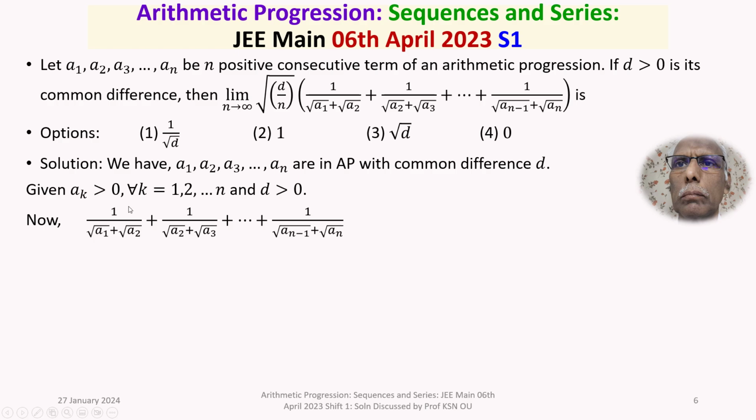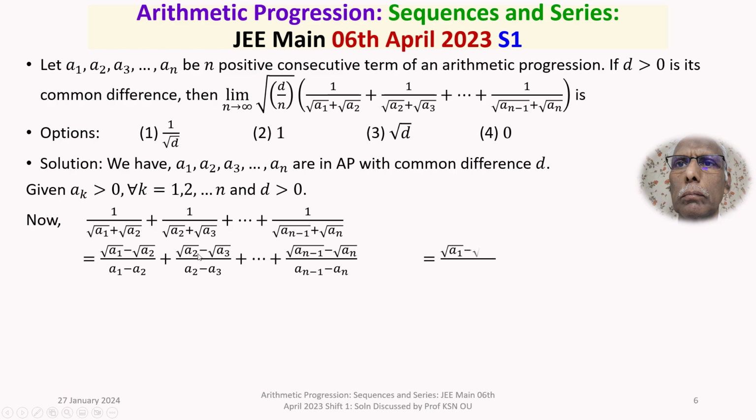When you multiply both numerator and denominator by the rationalizing factor, then in the denominator you will get a1 minus a2. Likewise, we do in the other terms also. This is equal to root of a1 minus root of a2 by a1 minus a2 plus in the second case root of a2 minus root of a3 by a2 minus a3 plus etc. root of an minus 1 minus root of an by an minus 1 minus an.